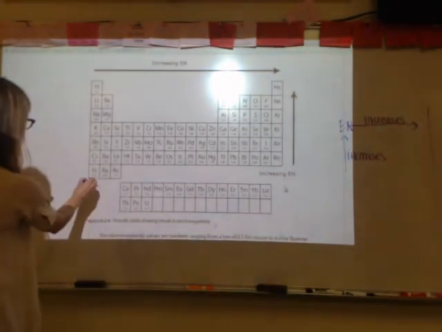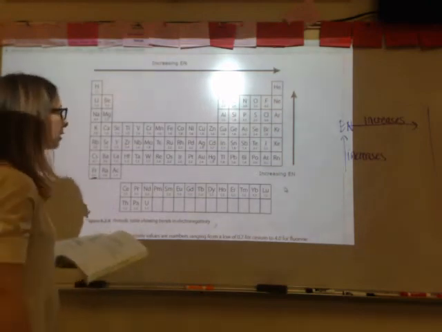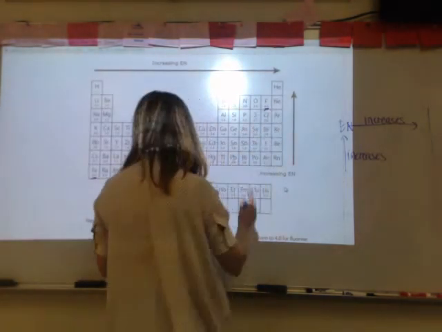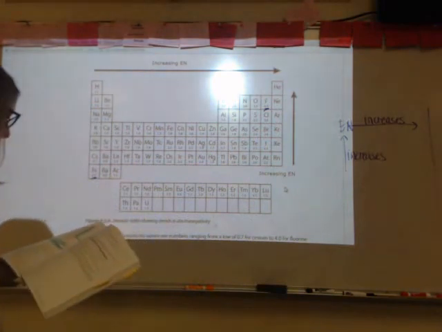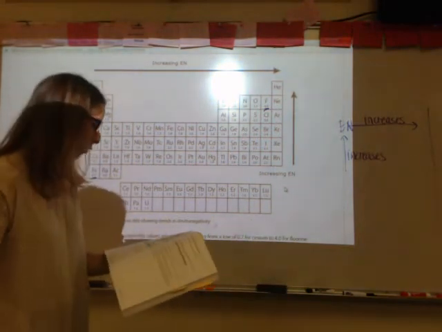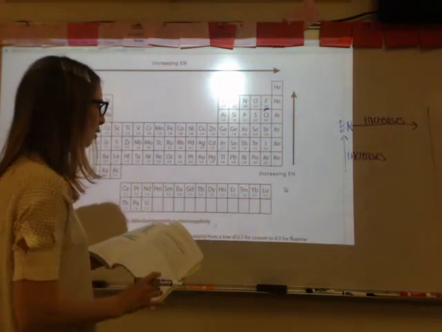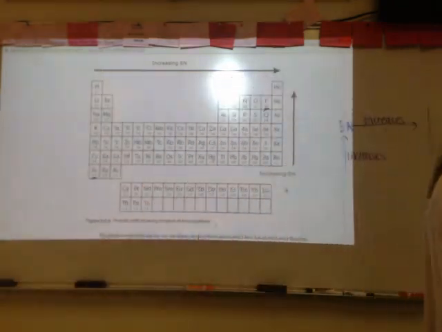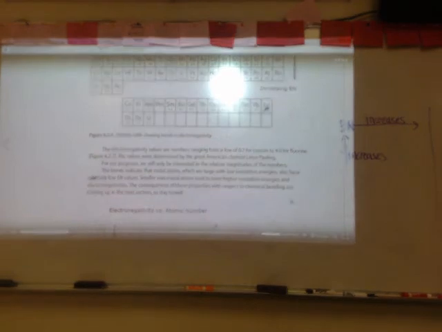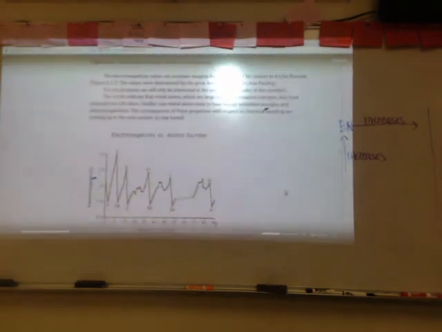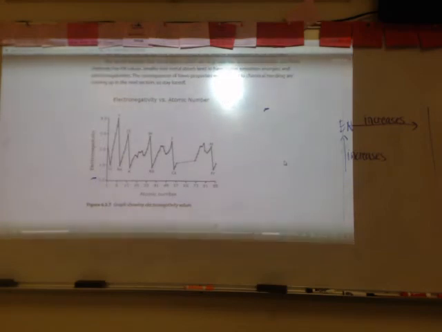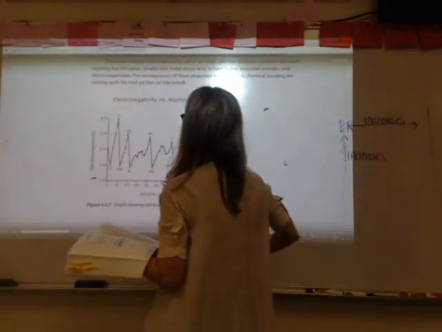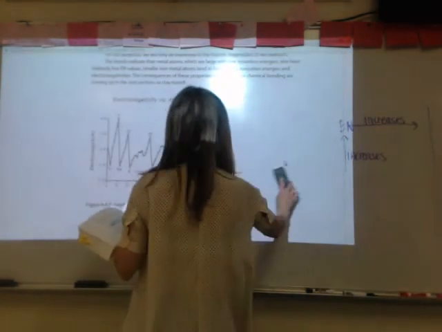Electronegativity values range from 0.7 for francium all the way up to 4.0 for fluorine. I believe these are also on the back of your book. These values were determined by Linus Pauling, and the trends indicate that metal atoms, which are large, are going to have low ionization energies and low electronegativity values.